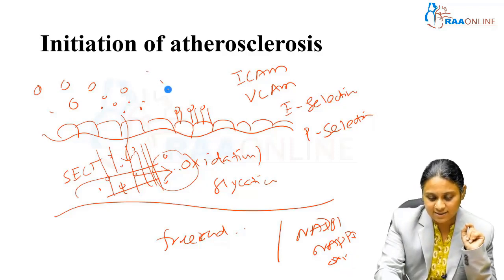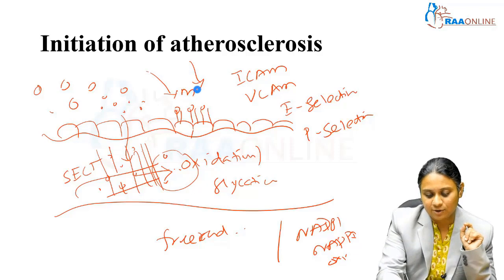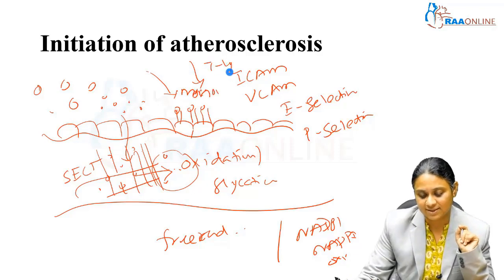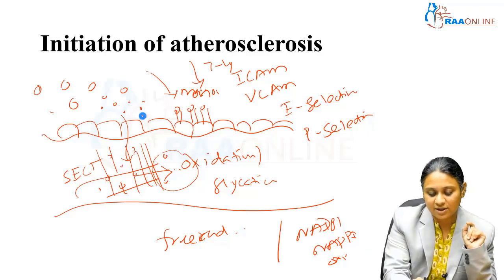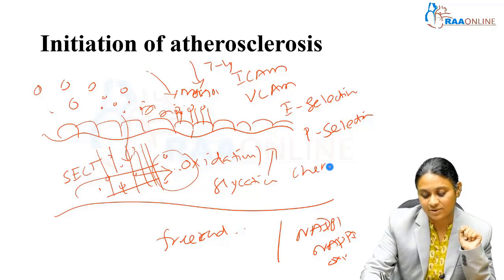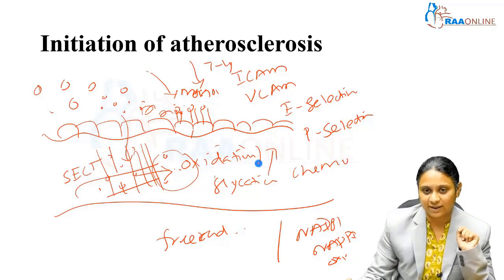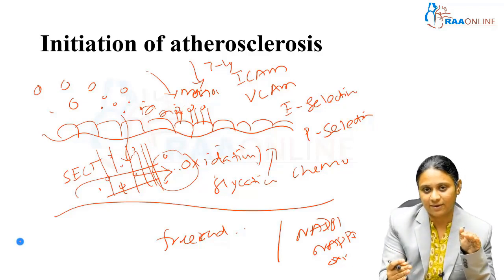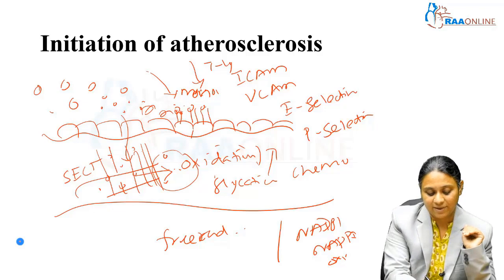So, this will call for either macrophage-monocytes or T lymphocytes from the peripheral circulation. They come in a saltatory movement and settle on these adhesion molecules. Then there is expression of chemokines or cytokines from the proteoglycans, that is, the subendothelial connective tissue. These chemokines are specific for monocytes or T lymphocytes.